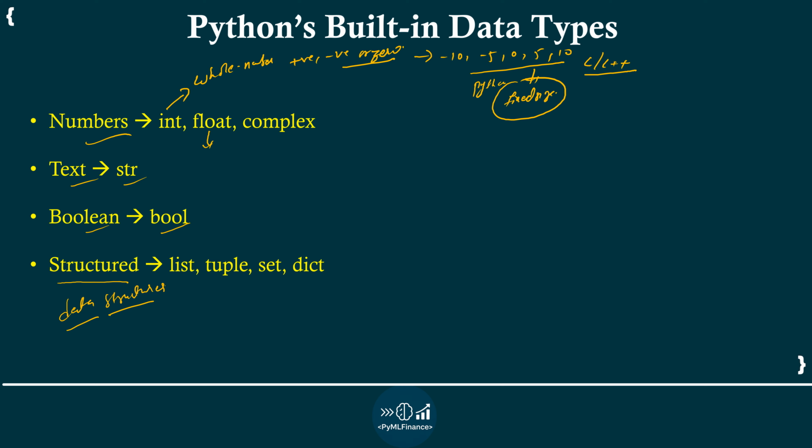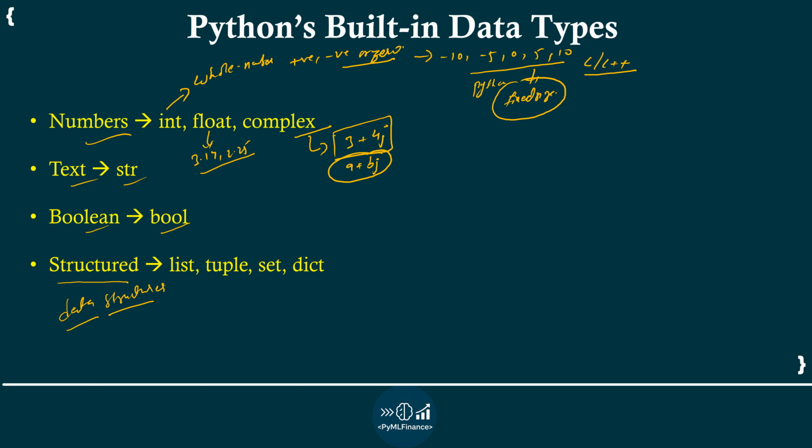Now the next is float. Floats are numbers with decimal points like 3.14, 2.25, etc. They are extremely common in financial calculations, scientific work and data processing. Now coming to complex numbers. Generally this data type is not available in other programming languages, but Python supports complex numbers like 3 + 4j, numbers in the form of a + bj.